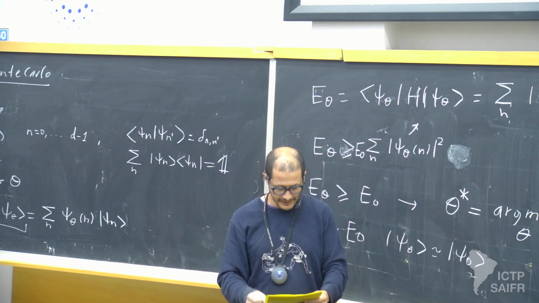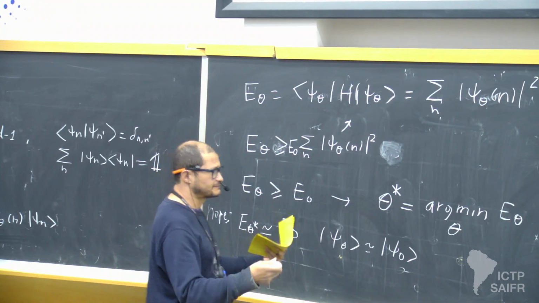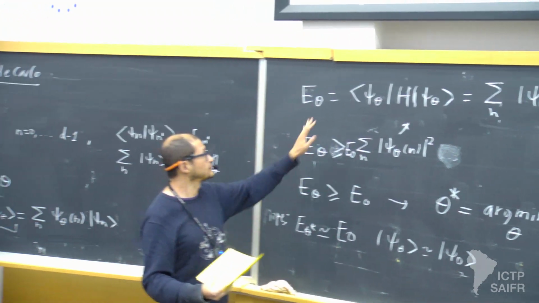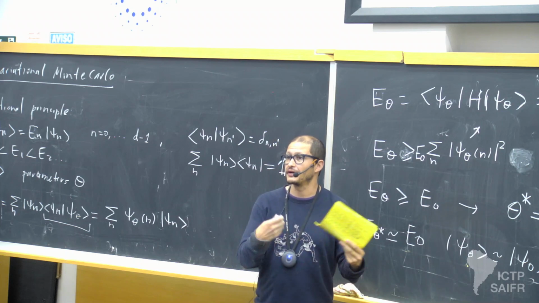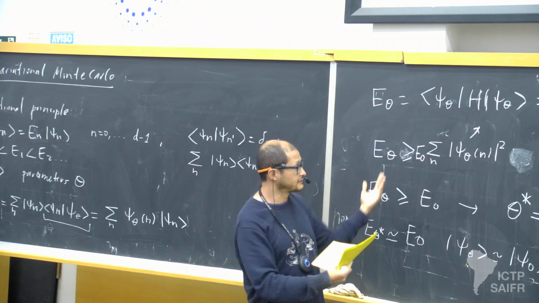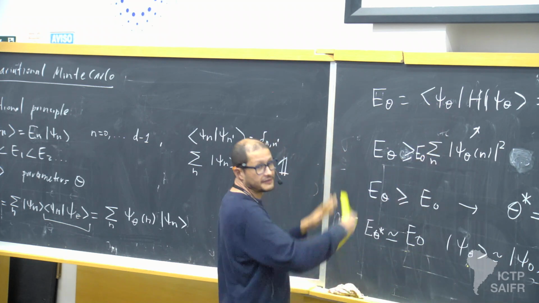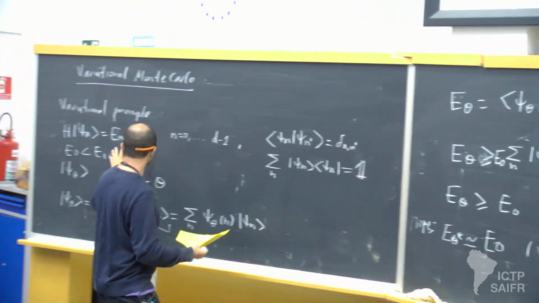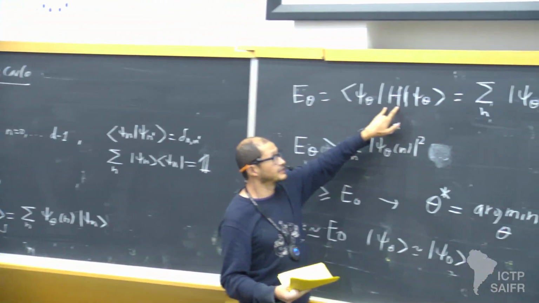So, of course, let's see a little bit of what ingredients we need to carry out this program of the variational calculation when we have very large dimensional spaces, right? Because as you can imagine, this computation of the energy may be tricky because this is a very large matrix.